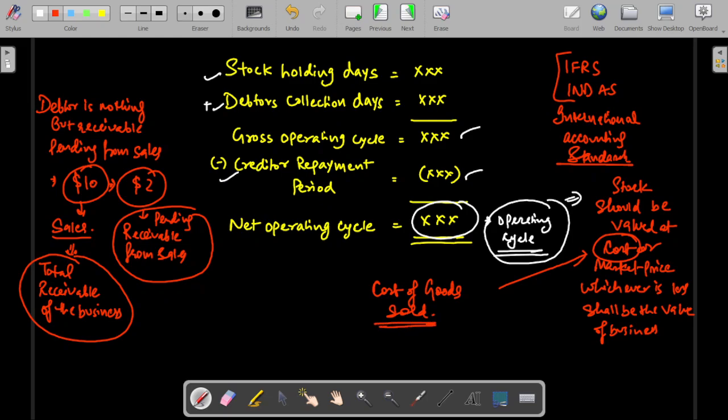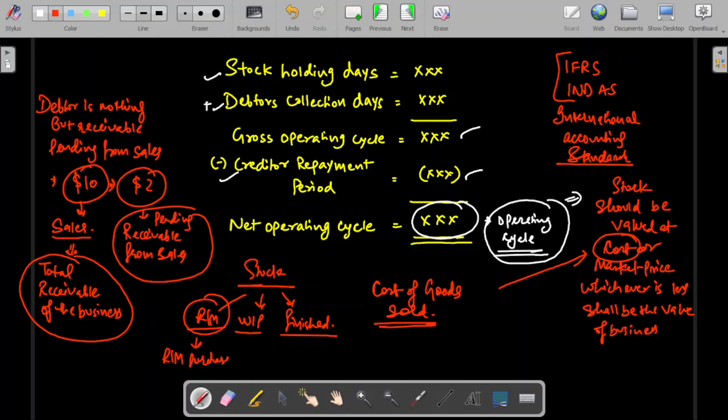If I go even more in depth, the stock is divided into three parts: raw material, work in progress, and finished goods. If you go to your academics, you will find that raw material is linked with raw material purchases. It is generated out of purchases.